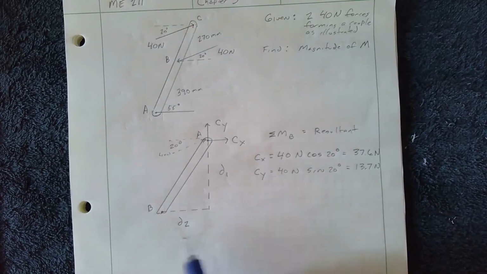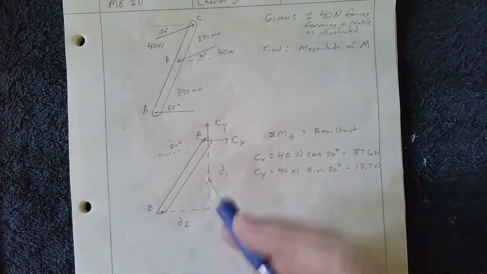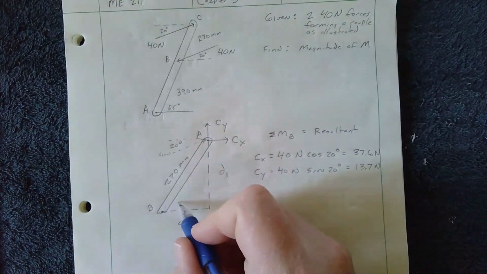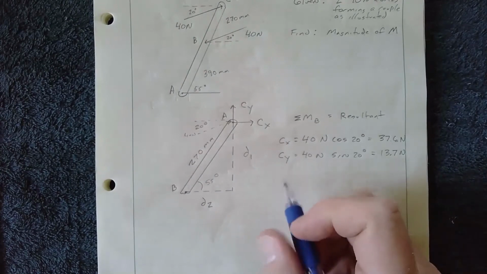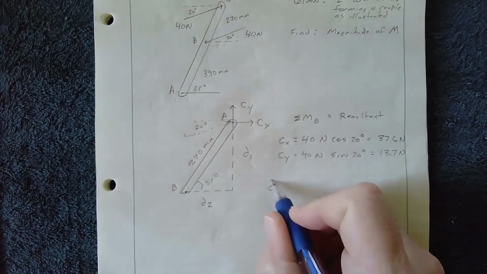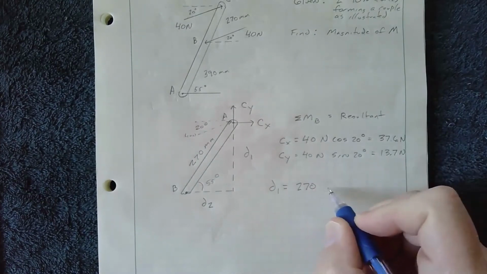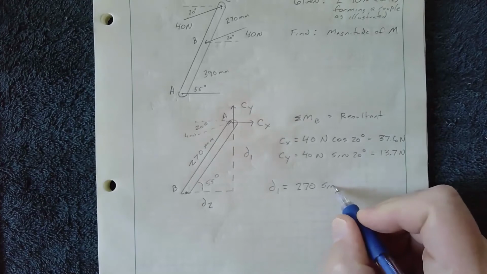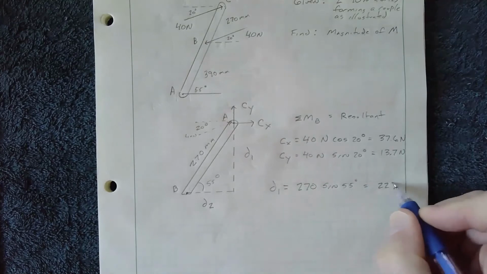So I have Cx and Cy. Now I want to find these distances, d1 and d2. We're told in the original problem that this distance is 270 millimeters, and we know that this angle here is 55 degrees. So d1 is simply equal to 270 millimeters times the sine of 55 degrees, and that gives me a value of 221 millimeters.